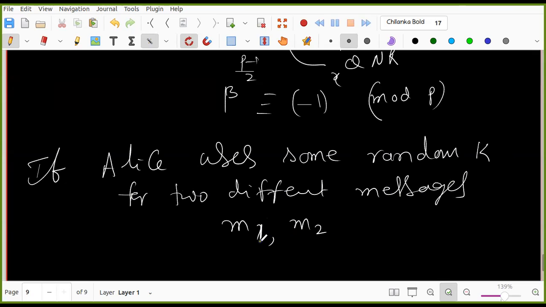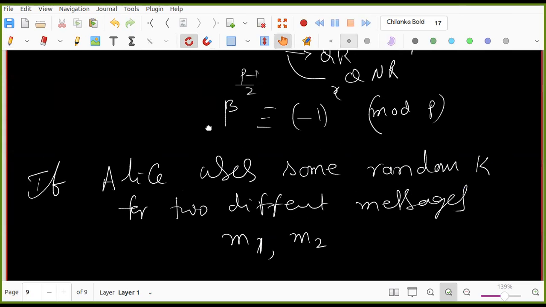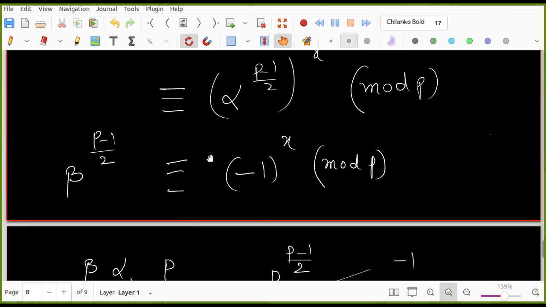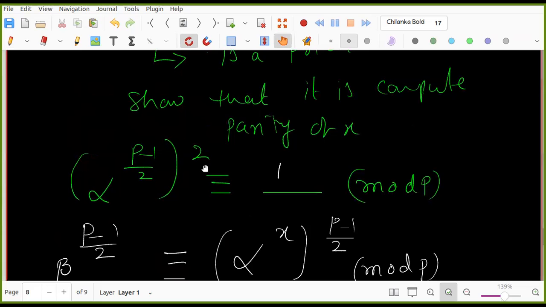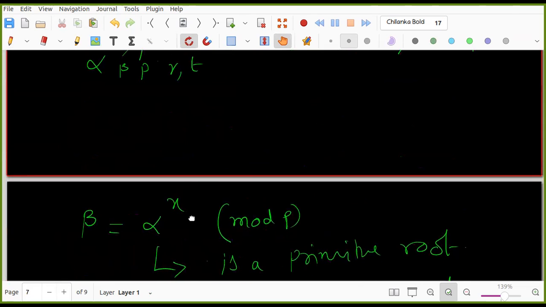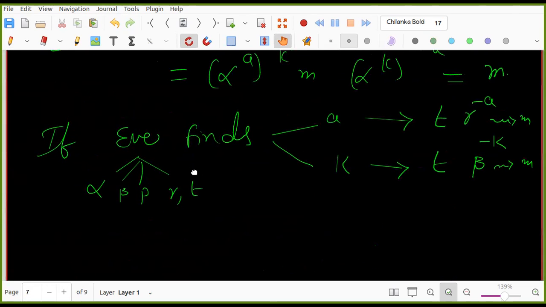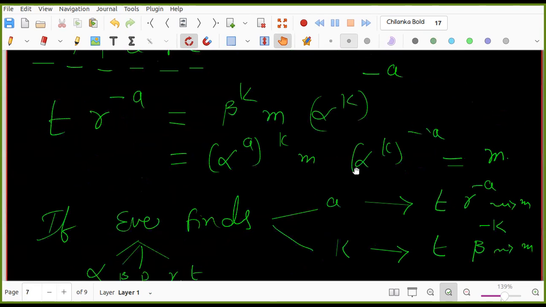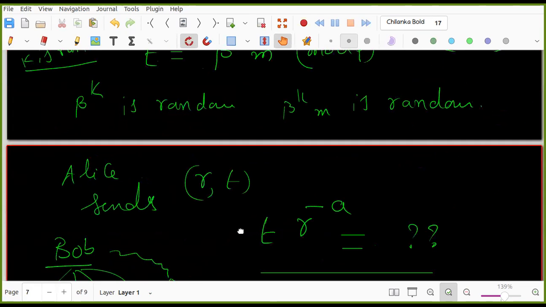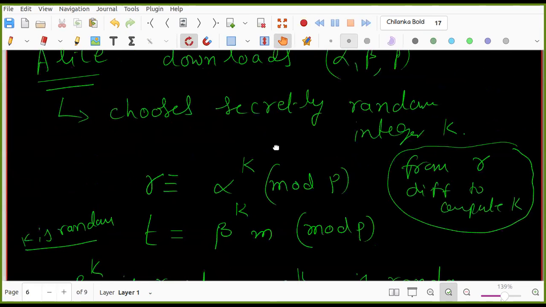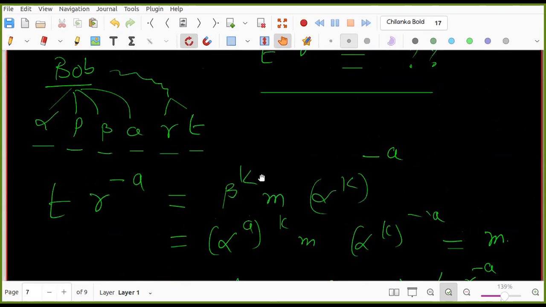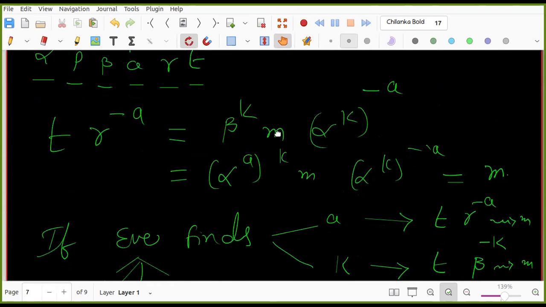For each message, Alice generally chooses a different key k. While sending a message, Alice chooses a random integer k. Suppose she sends two messages with the same random key, what happens? I'm giving some information here.